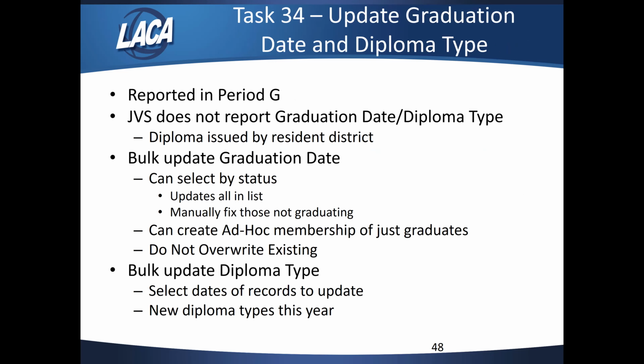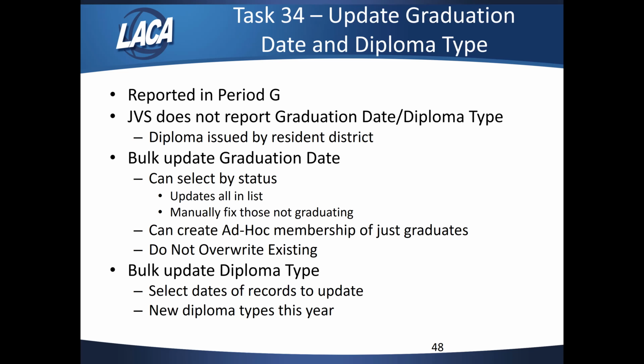Okay, graduate end of year. This information is actually reported in the period G. Part of it overlaps. So we're going through all of the graduate information in this checklist. It's duplicated in the graduate checklist, so you don't forget it. The JVS does not report graduation date or diploma type. The diploma is issued by the district, but you still have to withdraw all of your seniors.